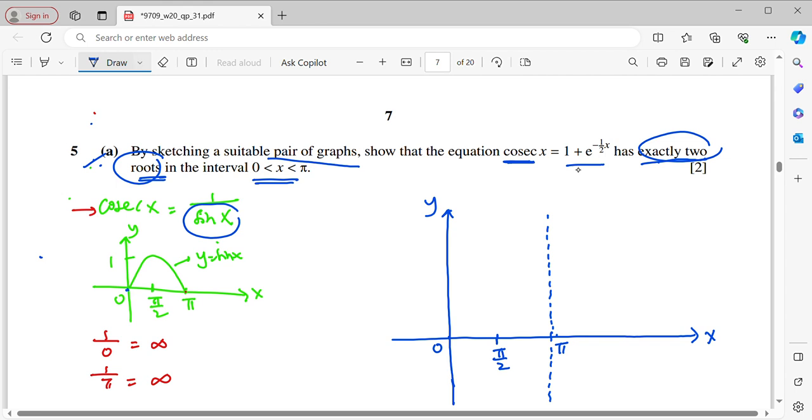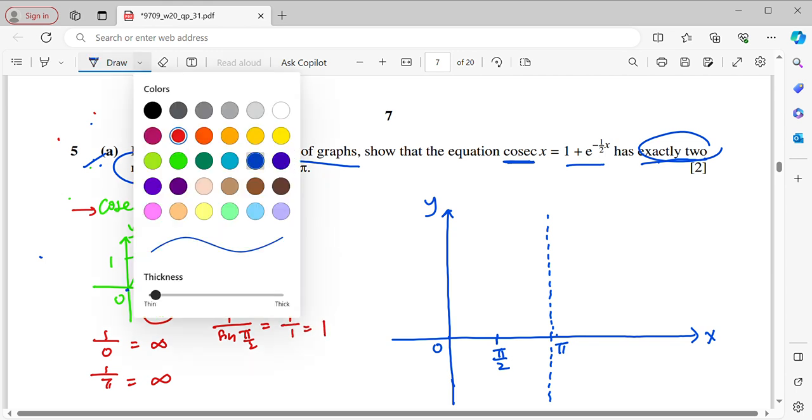Now, when it is pi over 2, sine x itself is 1, so 1 over sine pi over 2 I'll get 1 as well.